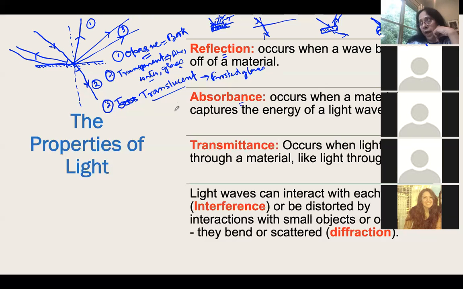Now, to create an image, what happens when it is a transparent object and light completely moves through that object? That light cannot make any image. An image is formed when light is scattered. So when light passes through the opaque object and the translucent object, then we can see the image.